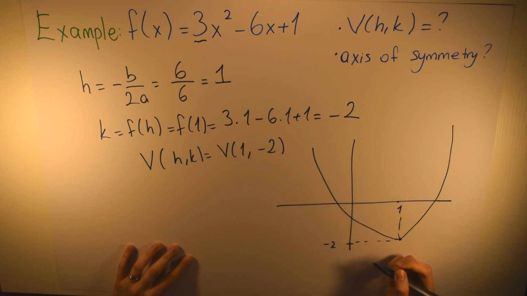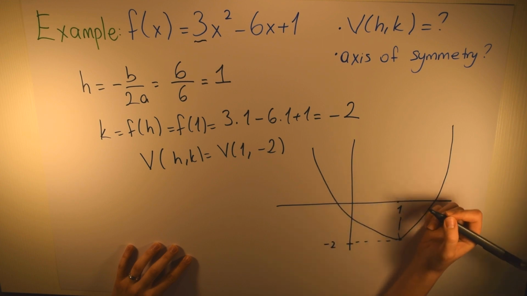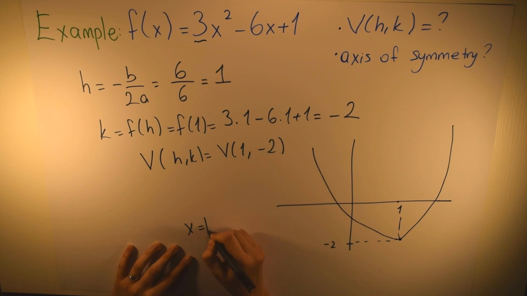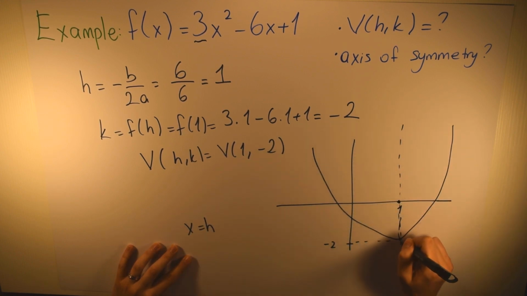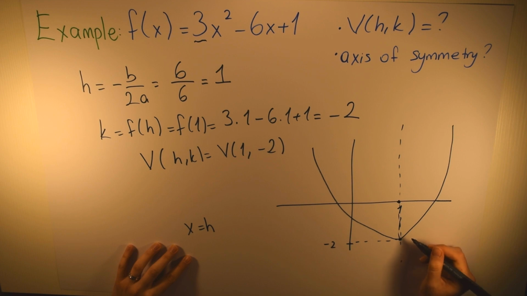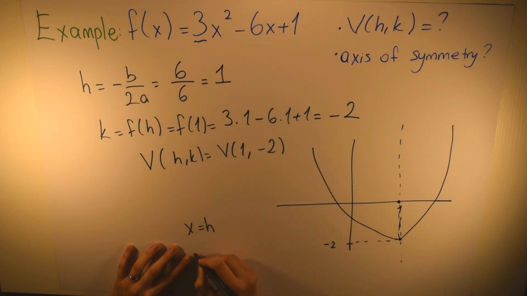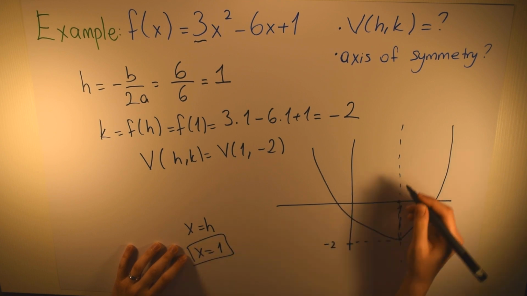So if you are asked for the axis, write down the line x is equal to h, where h is just the x coordinate of the vertex. Right here is the x coordinate of the vertex. So in our example, it will be x is equal to 1. So this will be the axis of symmetry here.